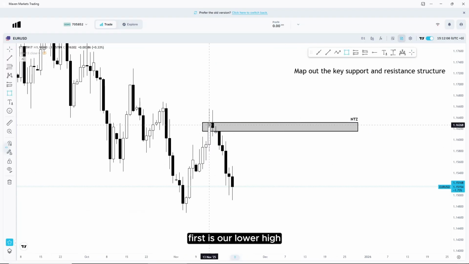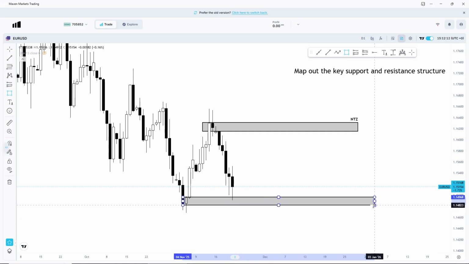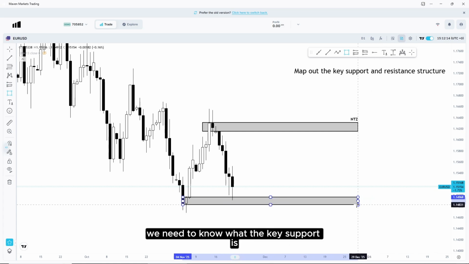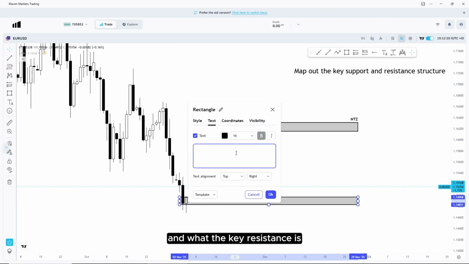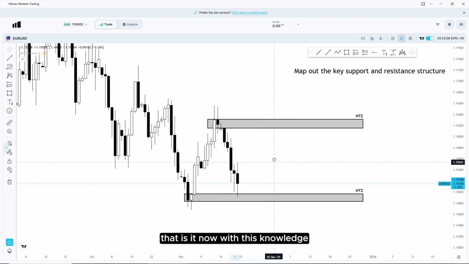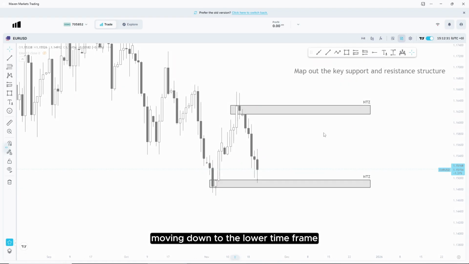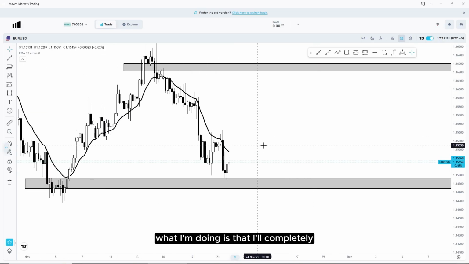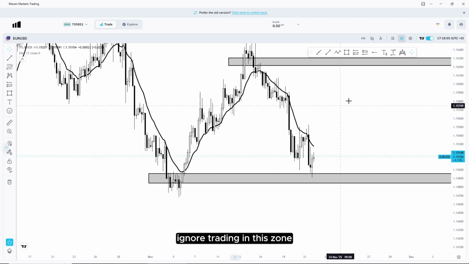First is our current lower high structure, and then our lower low. So for support and resistance, we need to know what the key support is and what the key resistance is. That is it. Now with this knowledge, moving down to the lower time frame, I'll completely ignore trading in this zone.